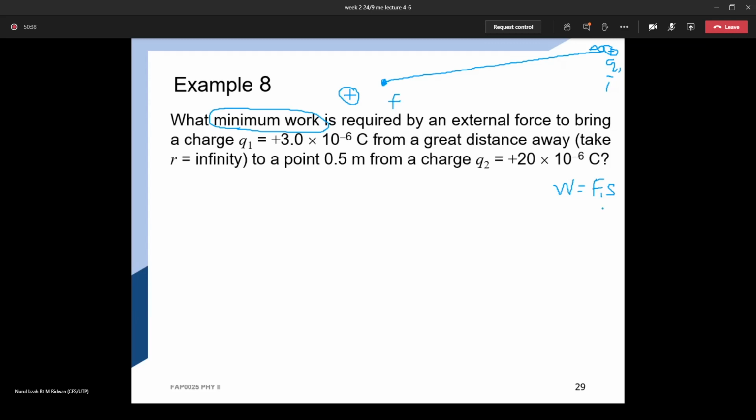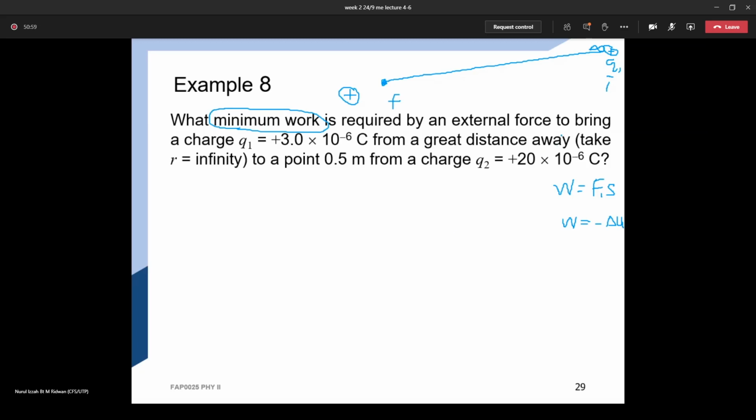So when you deal with charges, your work done is always equals to negative of the internal energy or electric potential energy. So in order for you to calculate for the work done, you need to find the delta U. So how do you calculate for this?